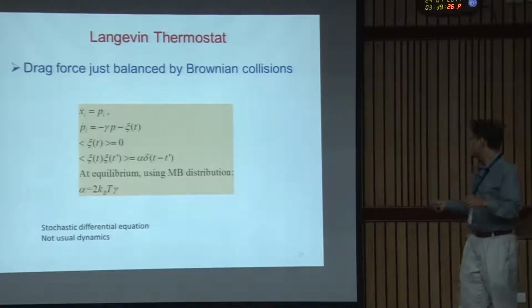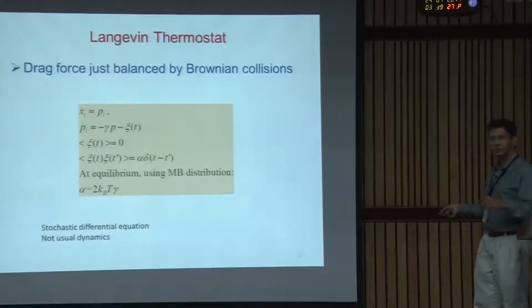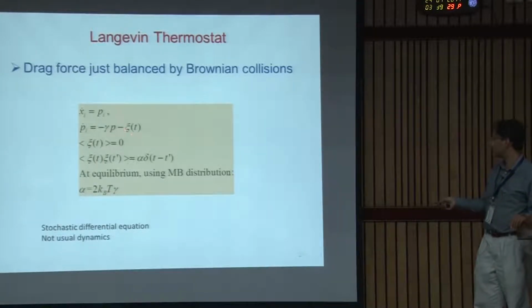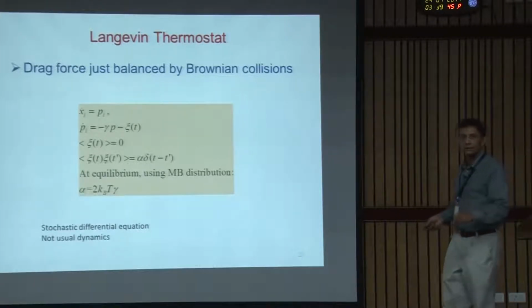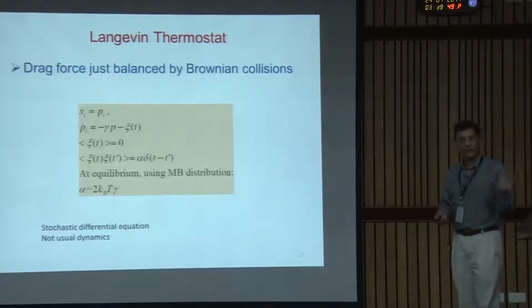So here, we tweak the intensity of this white noise. These xi's are the white noise, delta correlated noise, such that this alpha, the intensity, is exactly equal to a function, the product of temperature and the viscous drag coefficient, so that the drag is trying to kill the velocity and these random collisions are trying to revive it.